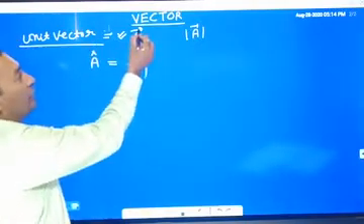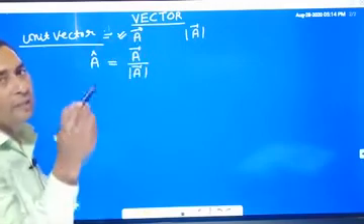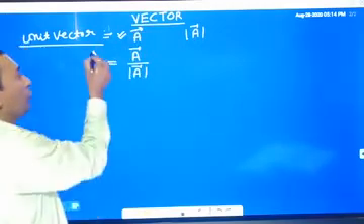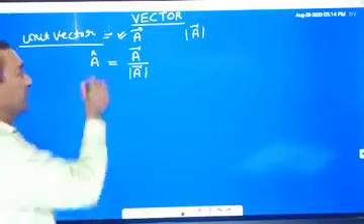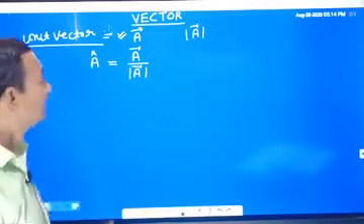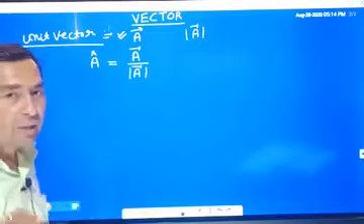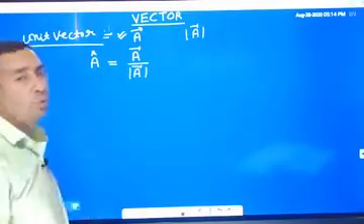In a normal vector we use an arrow sign, but in a unit vector we use a cap sign. Then a cap equals a vector upon modulus of a vector.